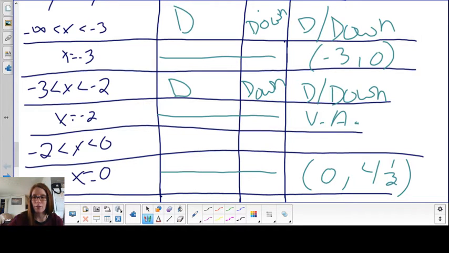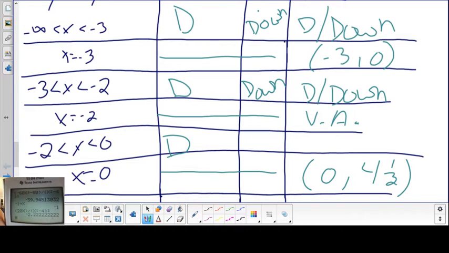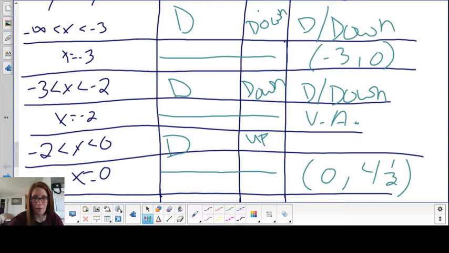So I get another D. I'm decreasing. Now I want to do it again for my second derivative. So second entry, second entry. Nope, still not it. Hey, there it is. And I get a positive. In our second derivative, when we said positive, we said up. So we're going to be decreasing and we're going to be concave up.